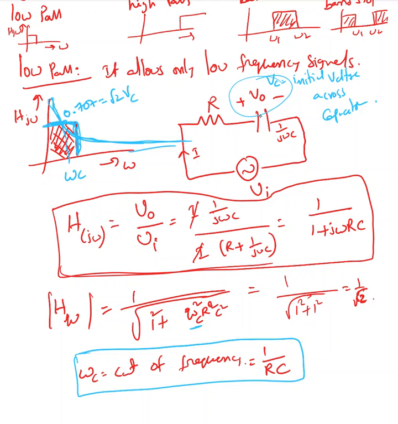At DC, the capacitor acts like an open circuit, so you will see the maximum voltage right there. As frequency increases, the voltage drop across the capacitor goes down. So it's an exponential form. Once it reaches 70.7%, that's where it cuts out the signal. It allows signal until the voltage across the capacitor reaches 1 over square root of 2 times V naught, the initial voltage across the capacitor.